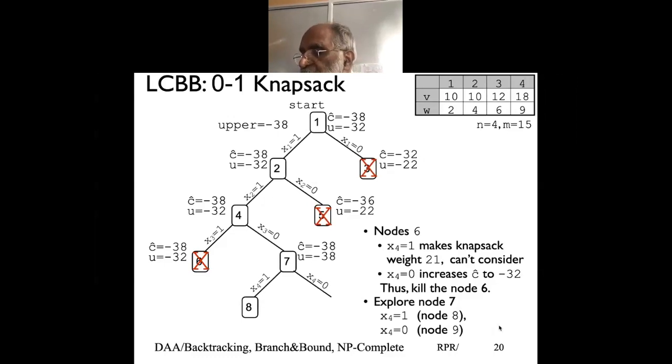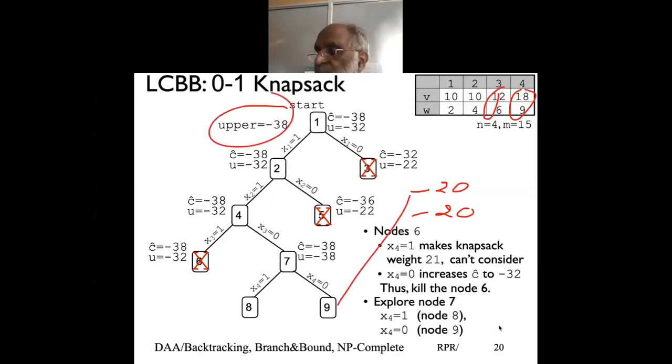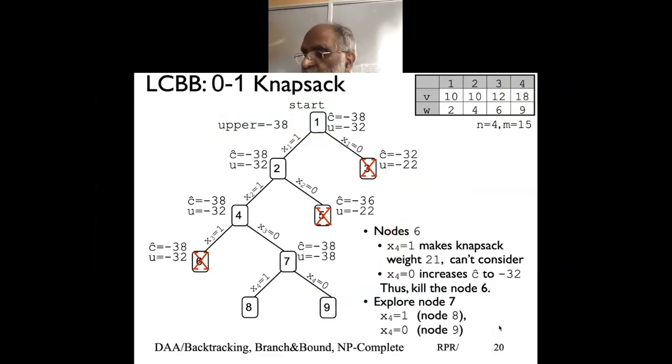And if you go on the right side, x4 is 0, that means I'm excluding this item. If I'm excluding this, my C hat would be minus 20 and U hat would be minus 20. So for this node, because minus 20 is more than the upper, I'll discard this either. So explore node 7.